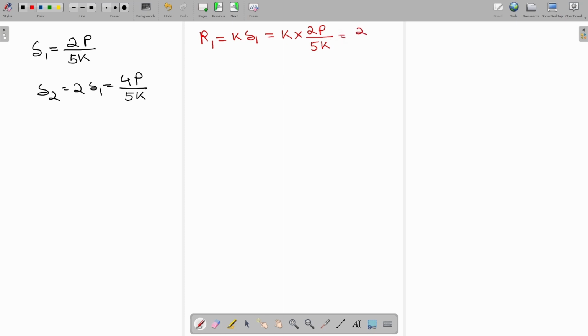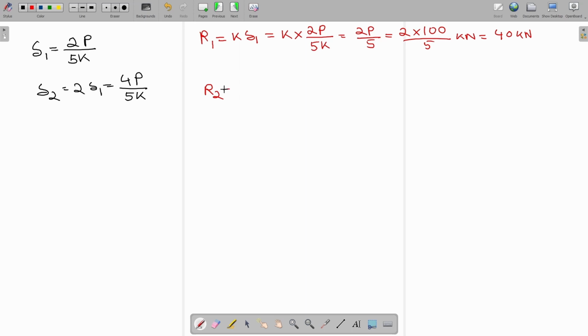Therefore, we get 2P by 5. Now P is given as 100 kilonewton, so 2 times 100 divided by 5 is 40 kilonewton.